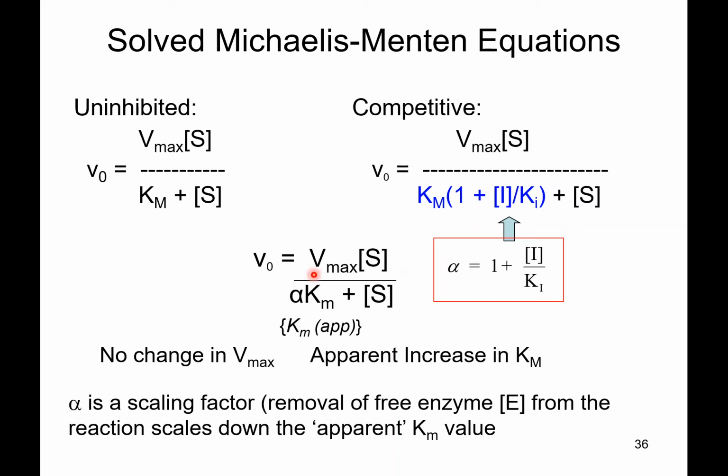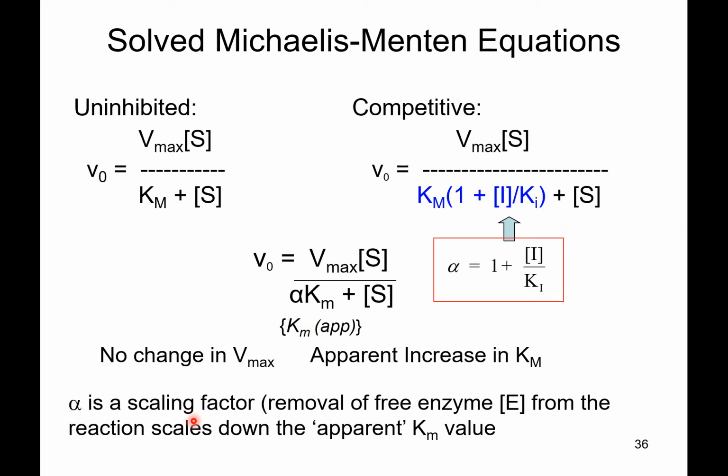And we talk about the Km here, alpha times Km. We also sometimes refer to that as the Km apparent. Okay. There's no change in Vmax, and there can be an apparent increase in Km.